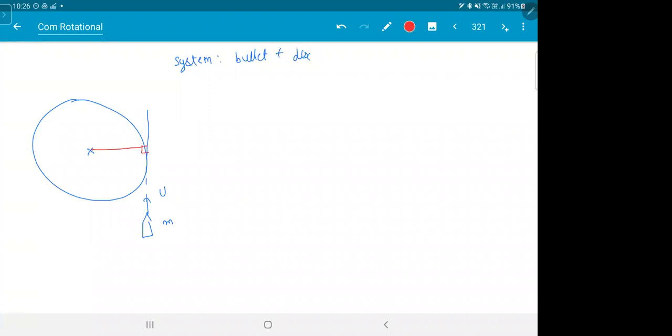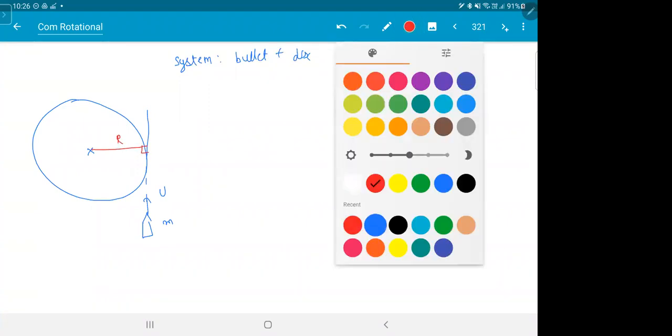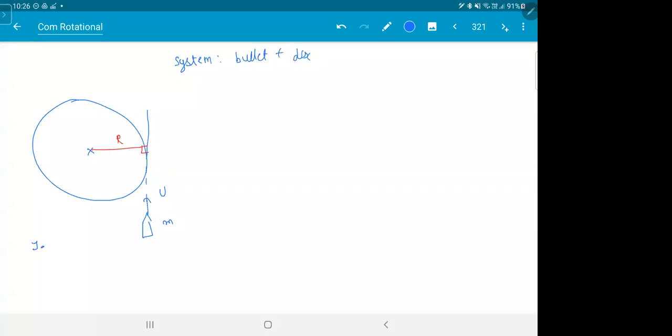This. Since torque external is 0, L bar is conserved. Therefore, L initial 0, the disk is not moving only, plus your bullet would be MUR K cap.